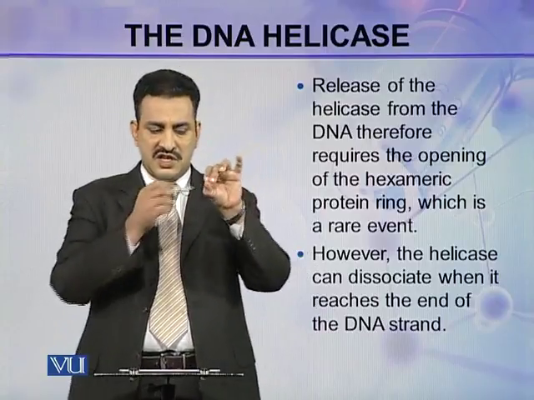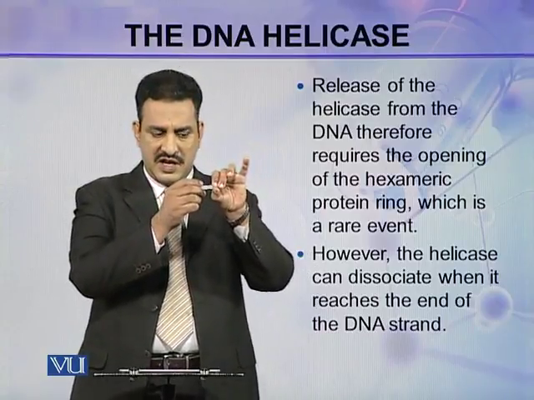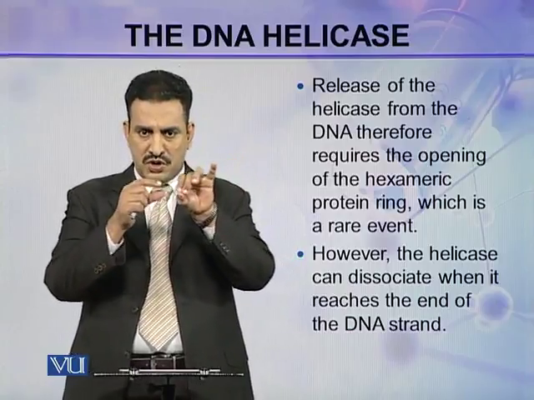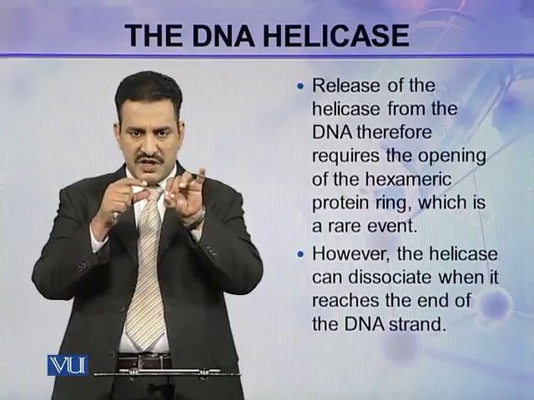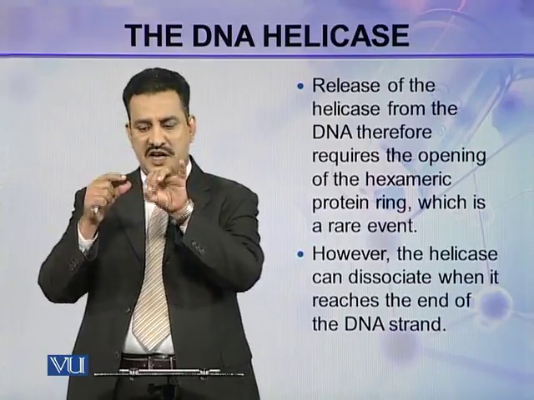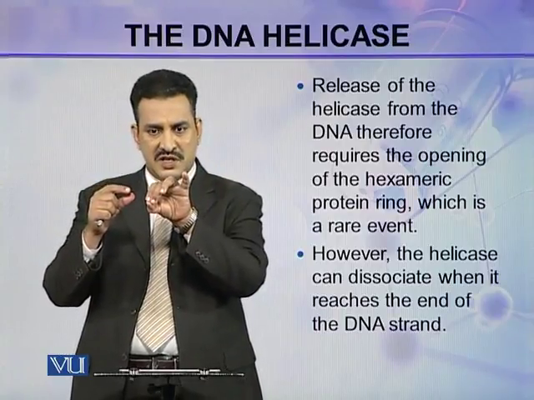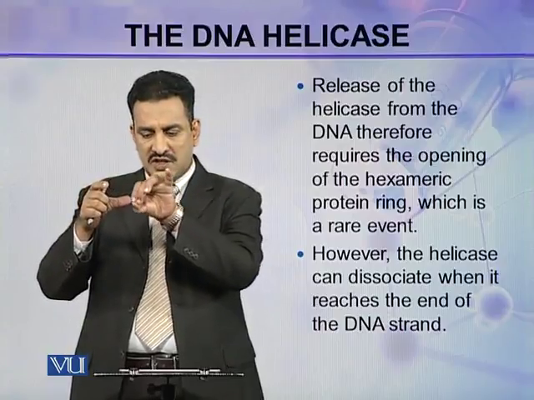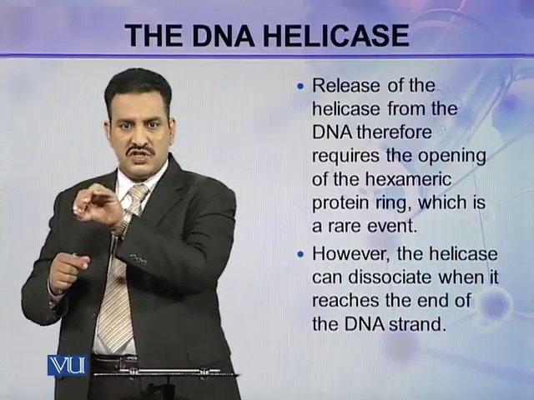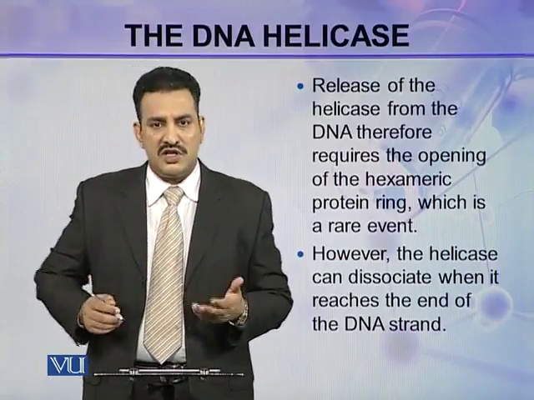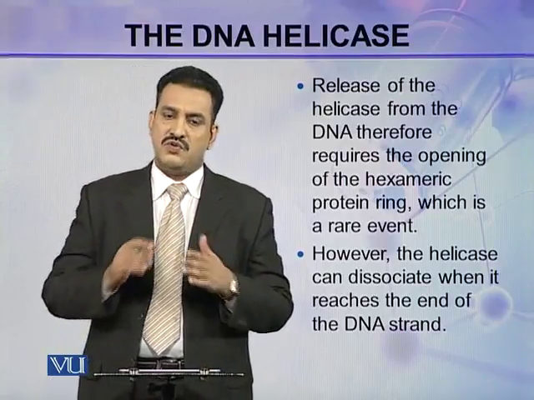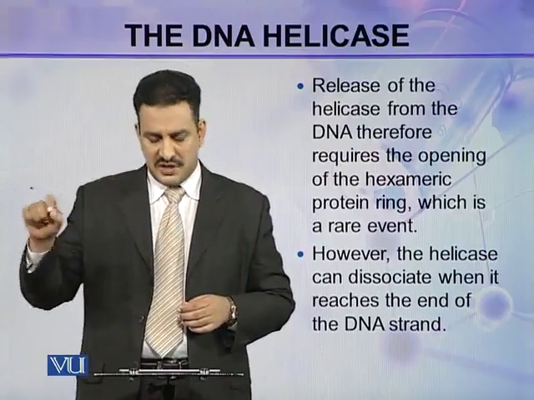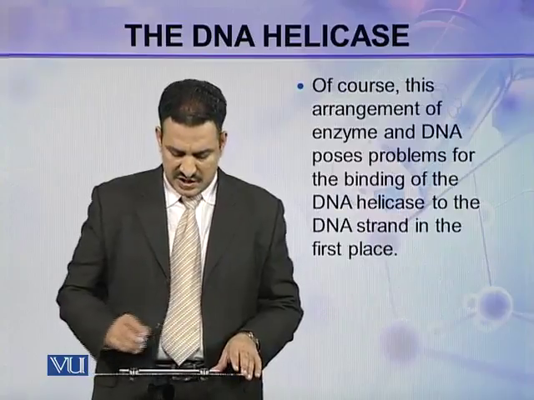It encircles a DNA strand, and it keeps on moving as the replication fork keeps on moving. When the replication fork reaches the end of the DNA duplex, both the strands will be opened up and this ring can exit the strand. So there is only one possibility: once the replication is completed, this ring can leave the DNA strand.